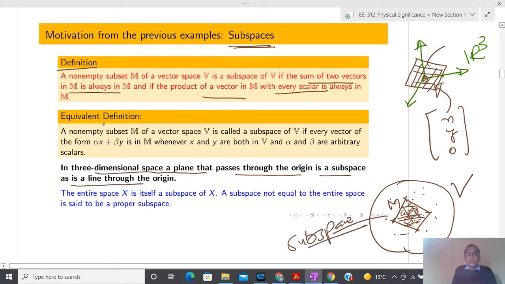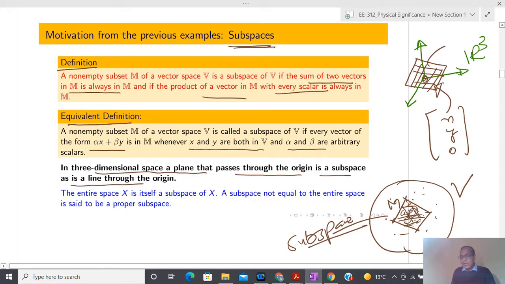Okay, now either you can check this definition, or directly using linear combination you can give another definition. So due to that reason I have written here the equivalent definition. A non-empty subset M of a vector space V is called a subspace if every vector of the form alpha x plus beta y is in M, whenever x and y are both in M and alpha, beta are arbitrary scalars.